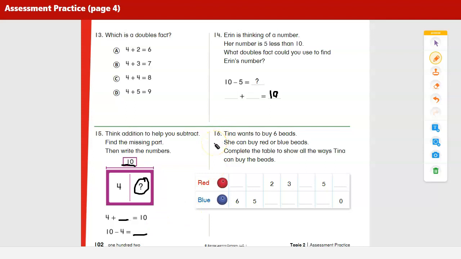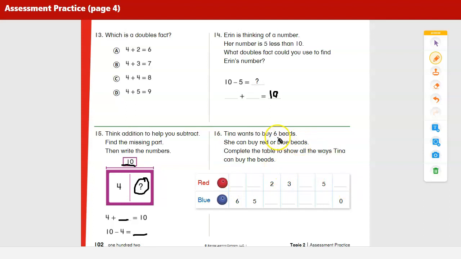Tina wants to buy 6 beads in number 16. She can buy red or blue beads. Complete the table to show all the ways Tina can buy the beads. So it wants us to fill in the missing parts of the chart.